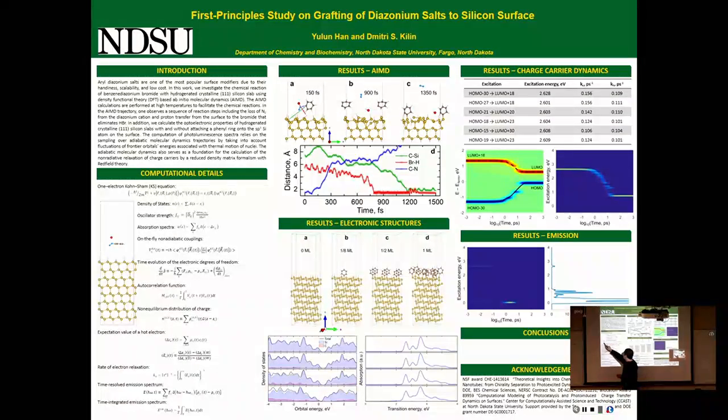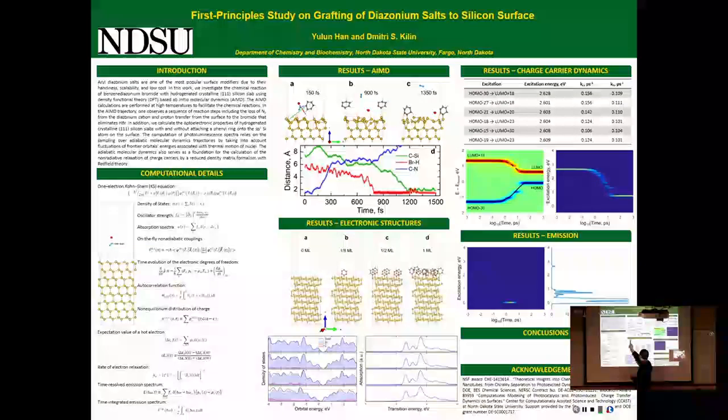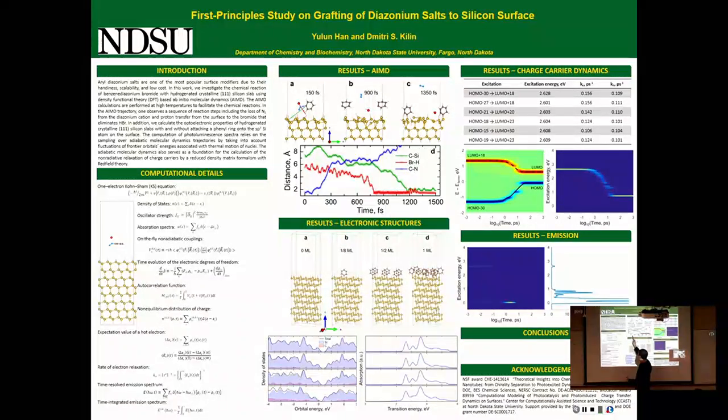Initially the carbon-nitrogen bond is about 1.5 angstrom, but as time goes by, we can see the breaking of the carbon-nitrogen bond. For example, at 300 it's about 6 angstrom, which means the nitrogen is away from the carbon ring.